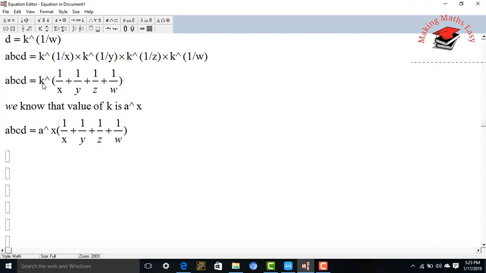If we replace k by a raised to x, x will be multiplied by all this. Remember, we don't have to take power on power; we have to multiply x, the power of k, with 1 by x, 1 by y, 1 by z, and 1 by w.